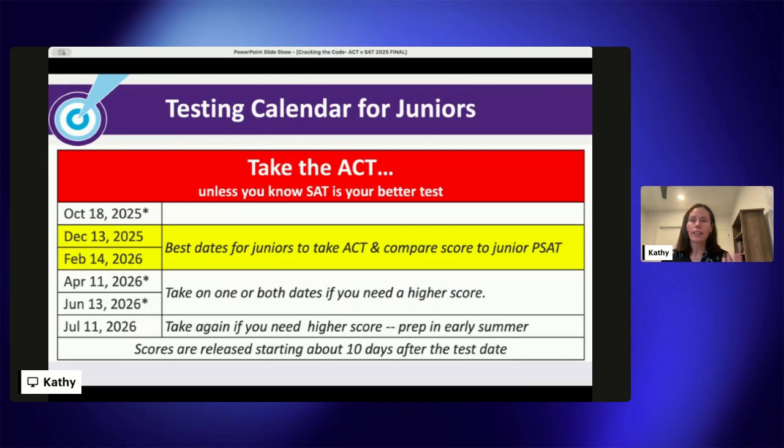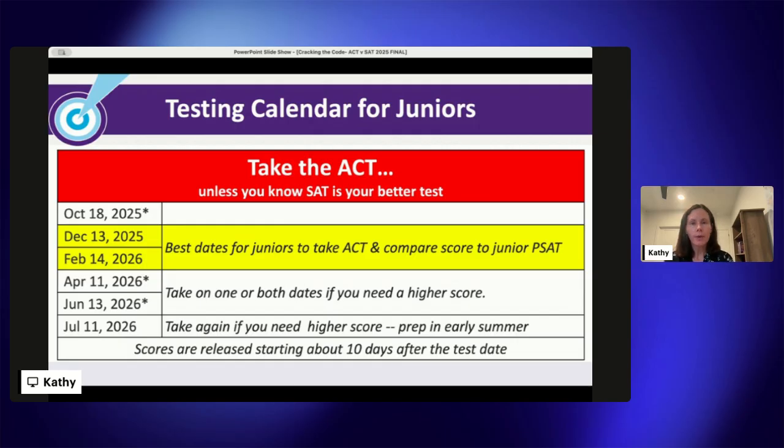All right, so let's talk about when to test and how to make that determination between SAT and ACT. So my juniors, this is really going to pertain to you because you're probably starting out this year with this in mind, especially if you're planning to apply to college next fall and you are doing some research on your colleges, and I'll talk a little bit more about test optional.